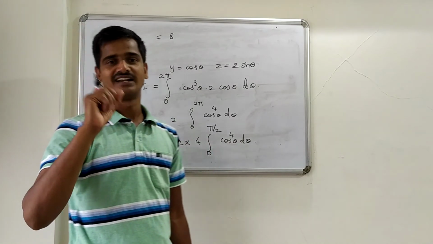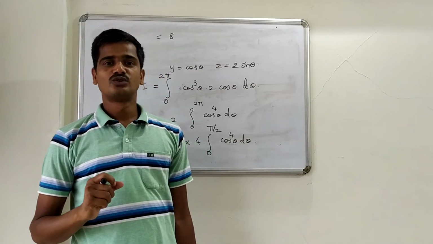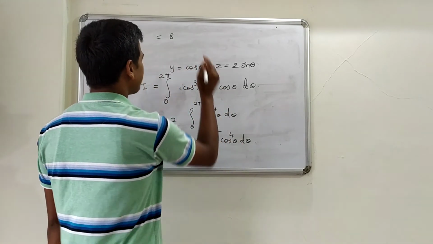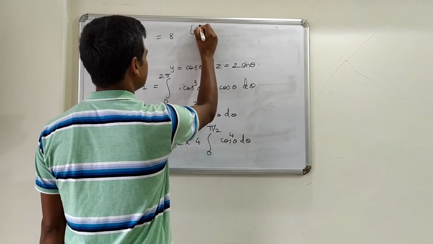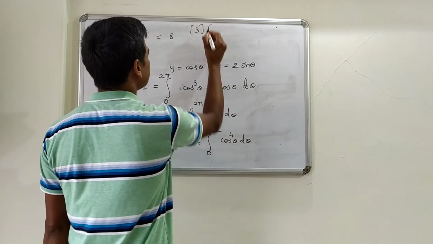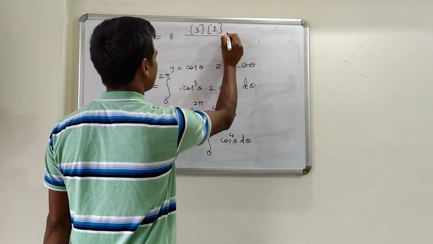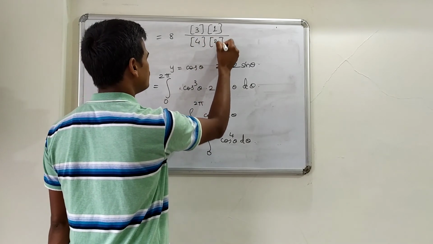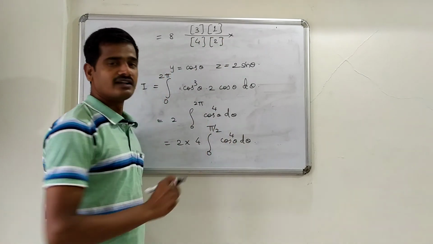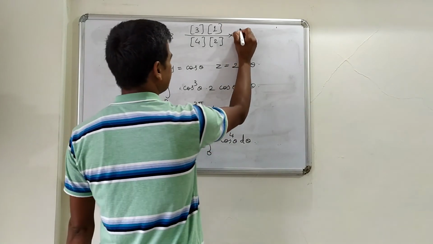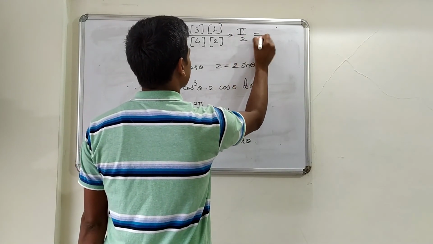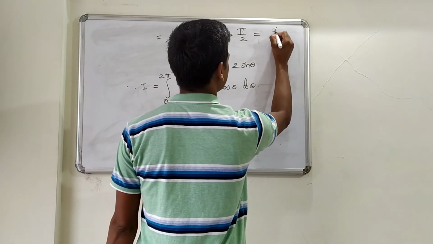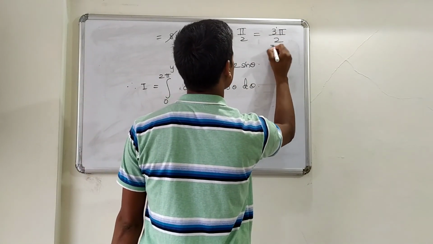We use the standard result for the integral from 0 to pi by 2 of cos theta raised to power n: (n minus 1)(n minus 3)... divided by n(n minus 2)..., and since 4 is even, multiplied by pi by 2. So 3 times 1 over 4 times 2, and cancelling the 8, it is equal to 3 pi by 2.